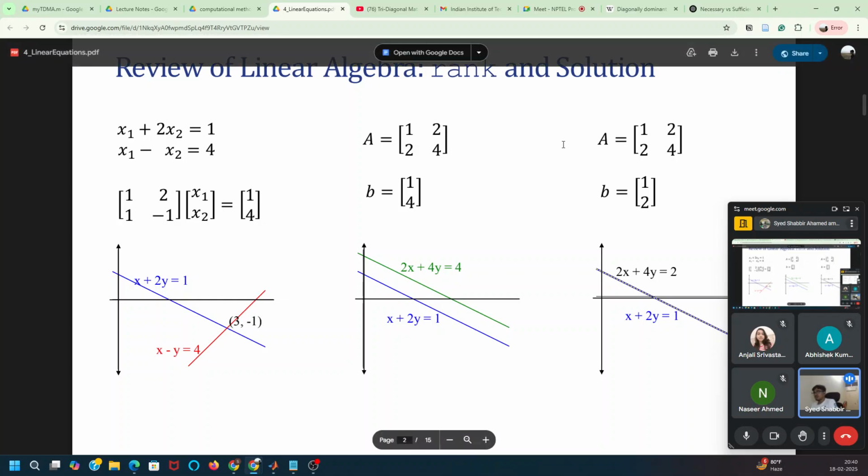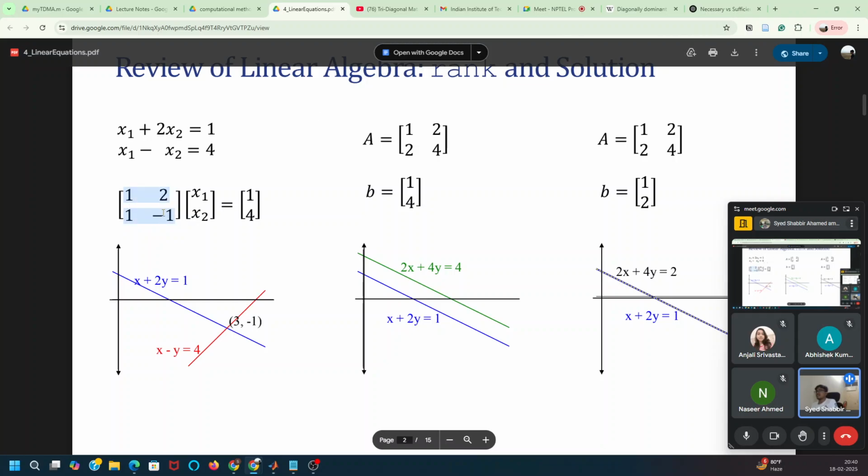Okay, so 1, 2, and 2, 4. This is not invertible, so that's why you won't get it. So the sufficient condition is like, if A is invertible, for sure you will get the solution.